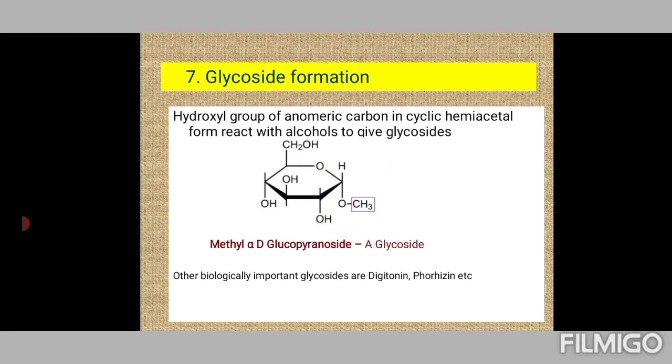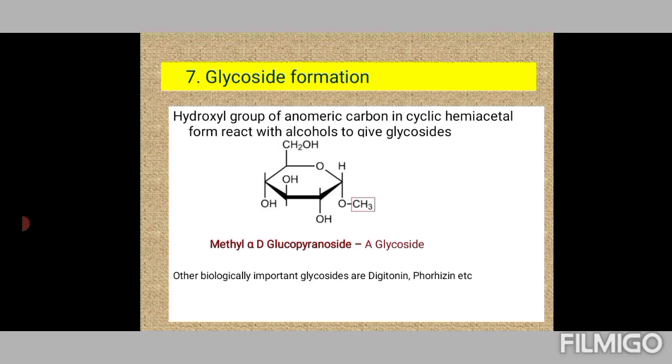So this OH group reacts with alcohols, so OH groups again, to form glycosides. For example, here CH3OH, methanol, is involved in glycoside formation from D-glucose. The product is methyl D-glucopyranoside. That's a glycoside, and other examples are also there, digoxin, fluorescein, etc.